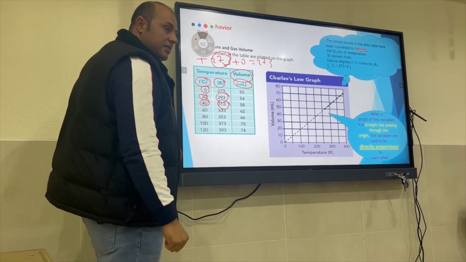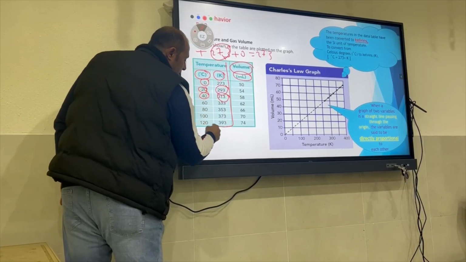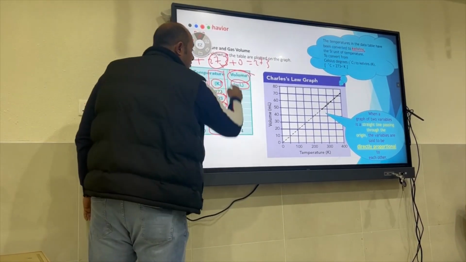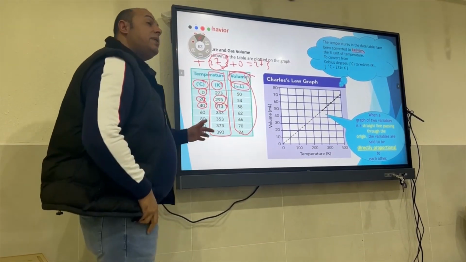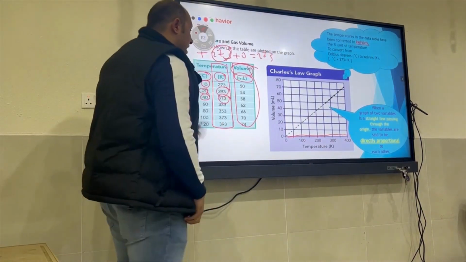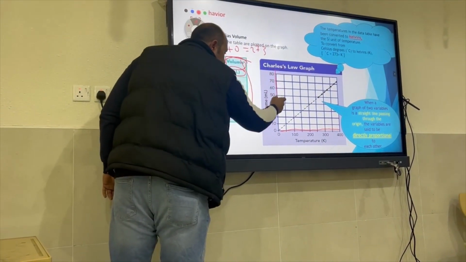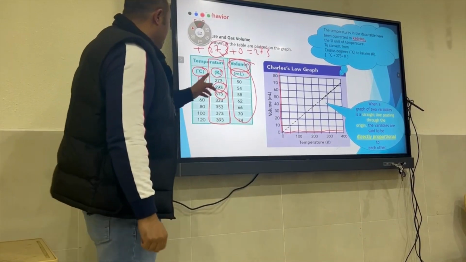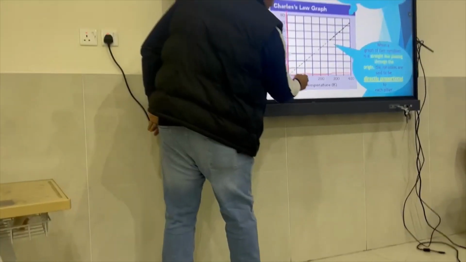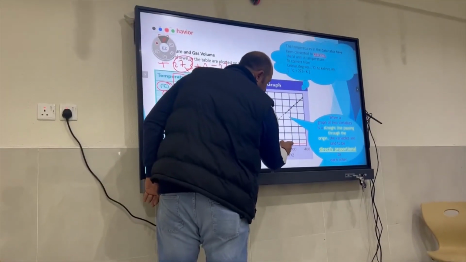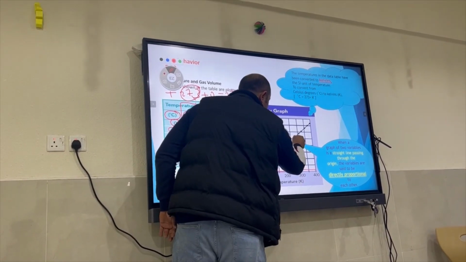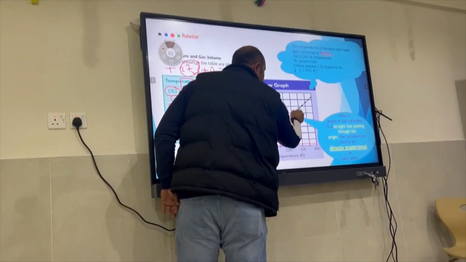After that, I will draw the relationship between temperature in Kelvin and the volume in milliliters. Temperature on the x-axis, and the volume on the y-axis. Let's go. 273 with 50. This is the first point.